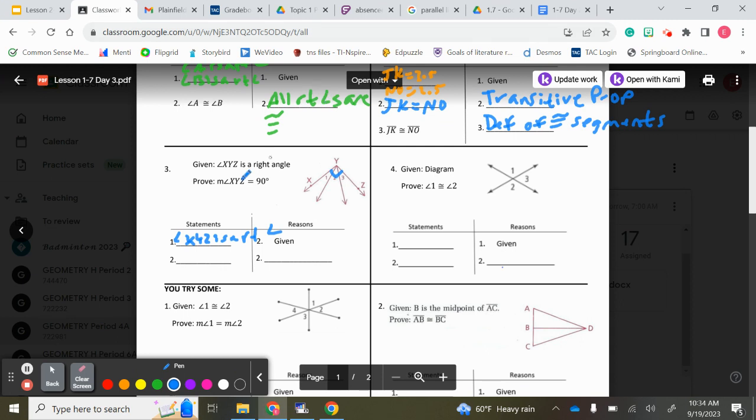They want us to prove that the measure of XYZ is 90 degrees. So what am I going to state here? First off, is it true that it's 90 degrees? Yeah. So I'm going to put here the measure of angle XYZ equals 90. But the question is, what's the property or definition or theorem? Guys, look on that back side. What do we see?